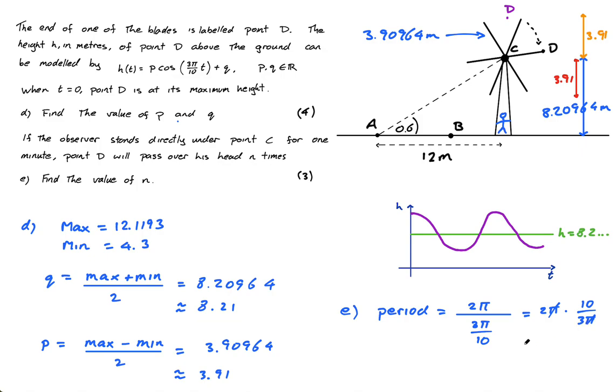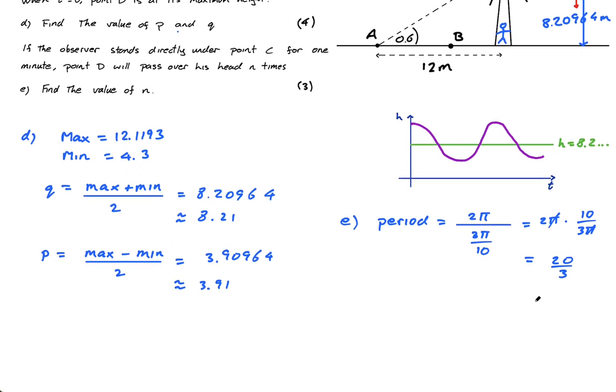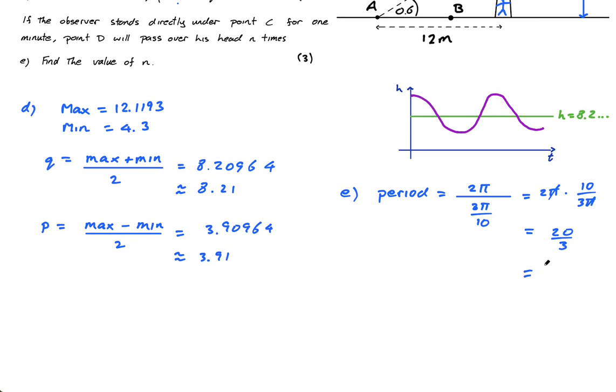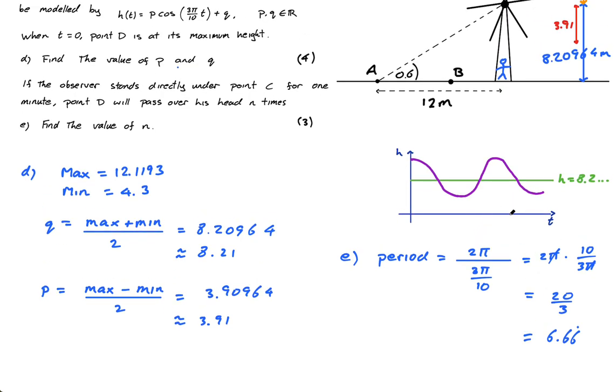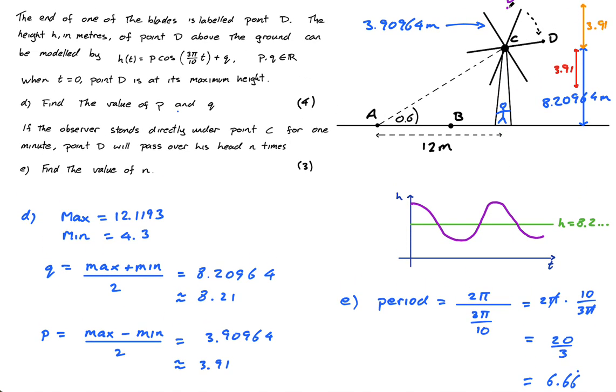These cancel, and I'm left with 20 over 3, which is 6.66 something, or recurring.